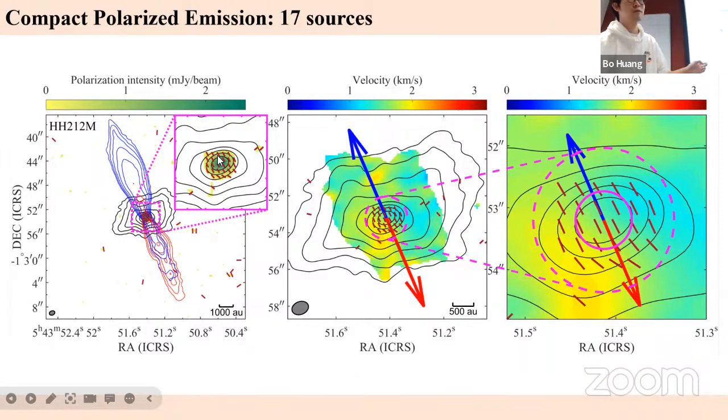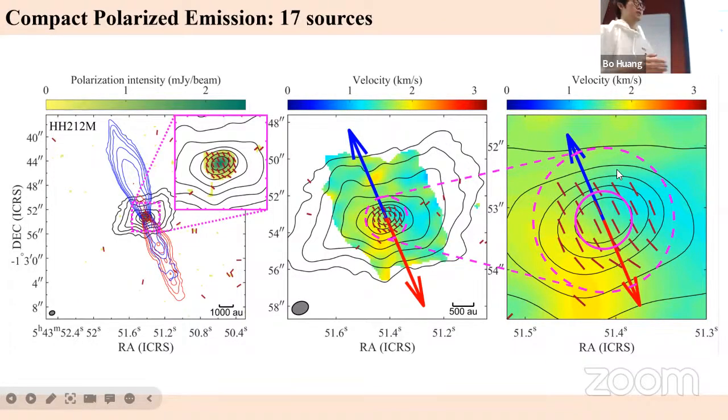The red vectors indicate the polarization, and this is the blueshift outflow, the redshift outflow, and the contour is the total intensity contour. The second column here is the velocity gradient, the velocity field, and the redshift and blueshift outflow position angle.